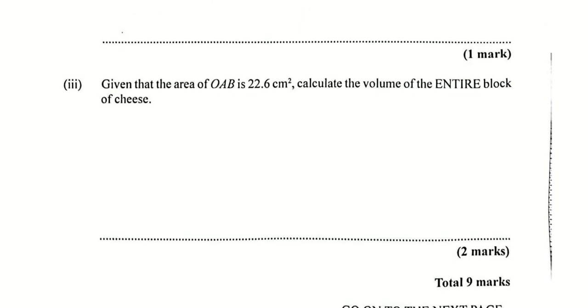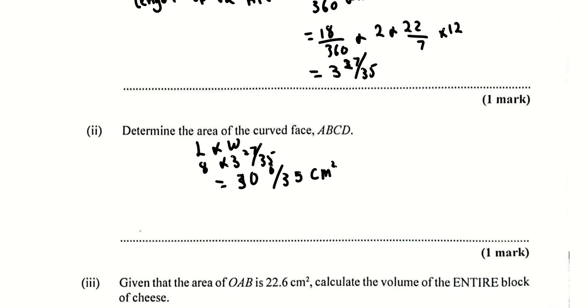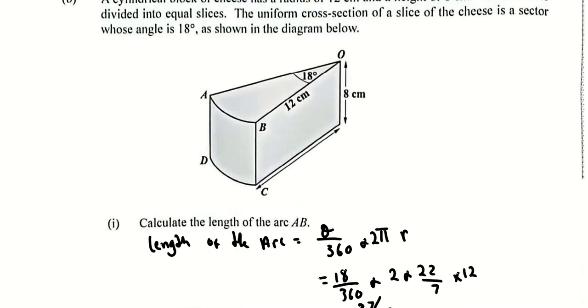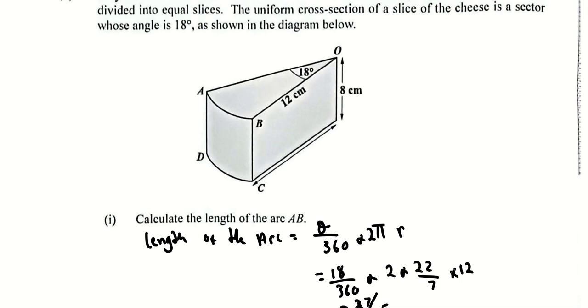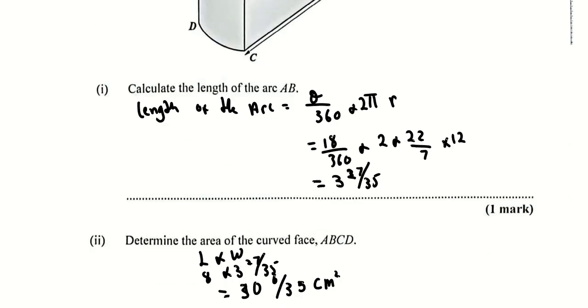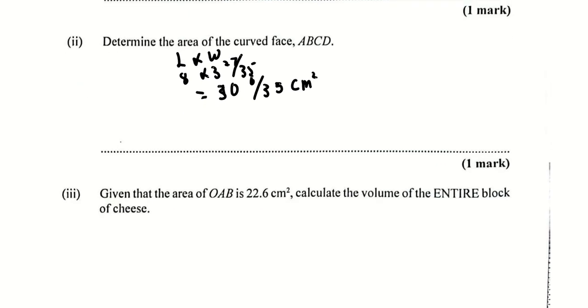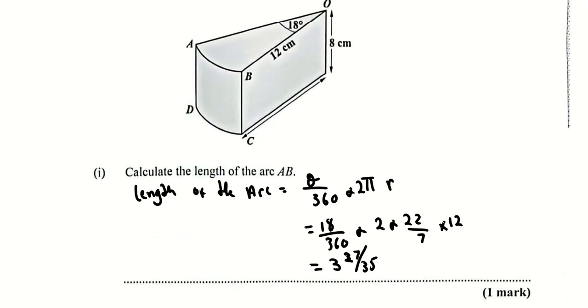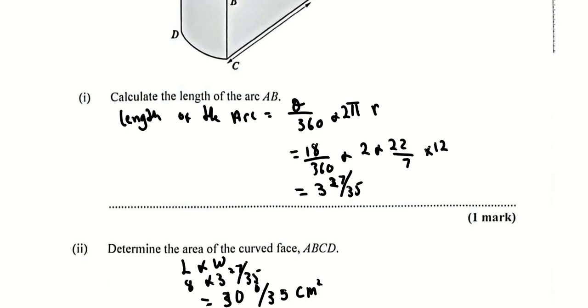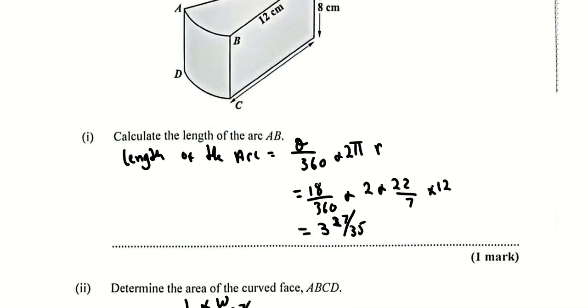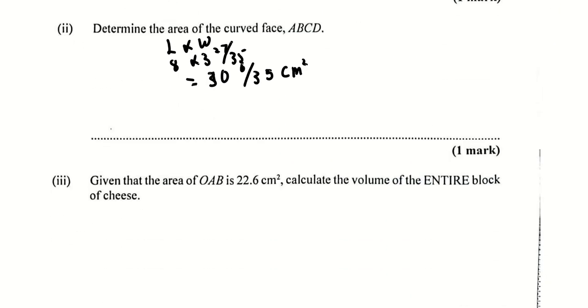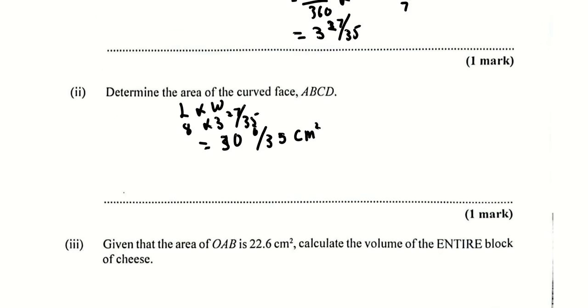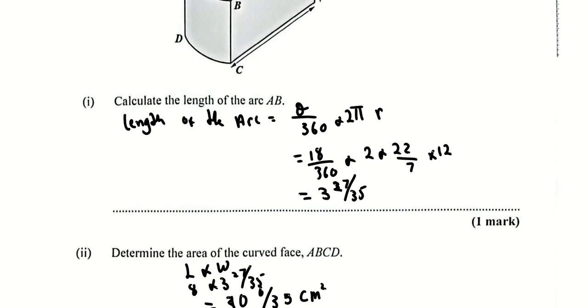Then they say given that the area of OAB, let's look at this, OAB, so this part on top here, given that the area is that, calculate the volume. Now, that is actually the cross section of the block of cheese, and we know that the volume is area of a cross section times your height. What is your height? 8.